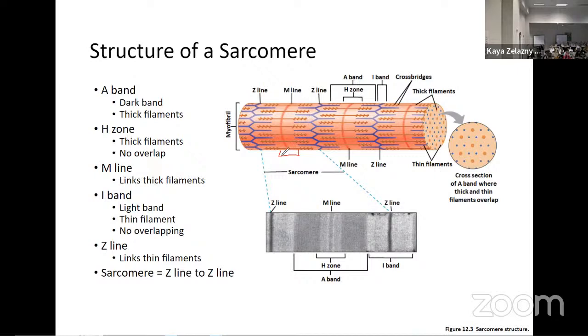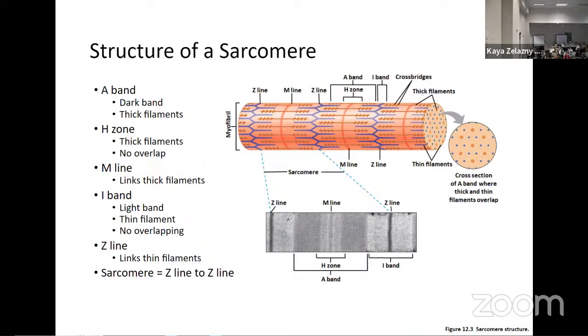So when I say overlap, right, when I pull out this H zone in the center, you see only that one little orange line, versus if I were to go to the side, here on the side, in the rest of that A band, you have both that wheat-like myosin and these blue-purple extensions of the actin, right? So that would be part of the A band over here, but not part of the H zone, because the H zone has only myosin and nothing else.